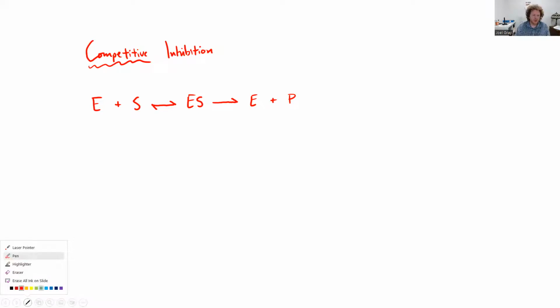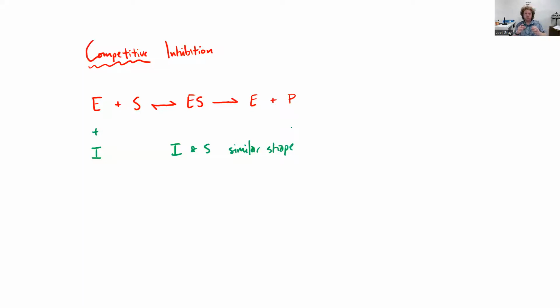Whenever we talk about an inhibitor, we're going to represent it with the letter I. A competitive inhibitor is going to insert itself whenever the free enzyme is available, and it's going to try to bind to the active site because the structure of I and S are very similar. They're very similar in shape.